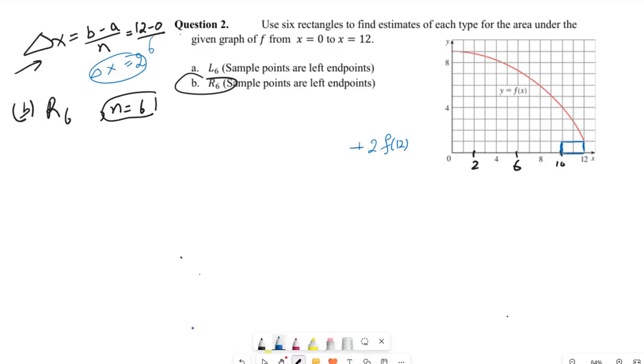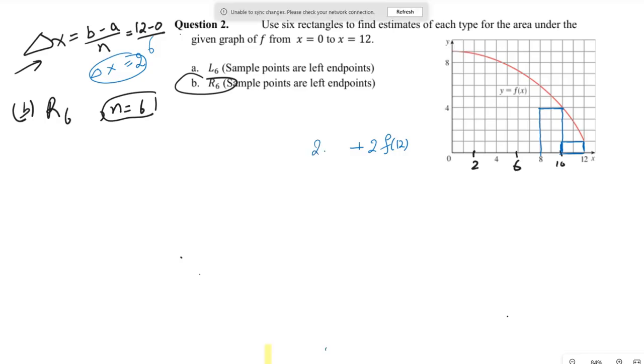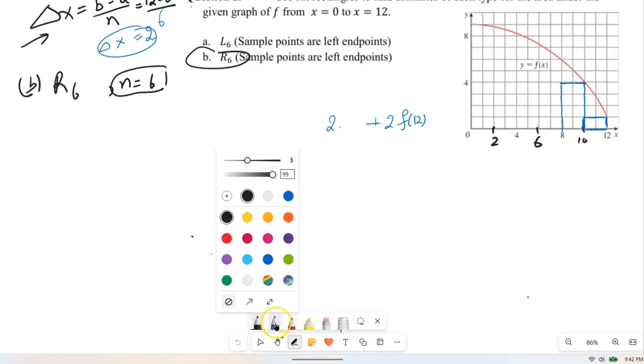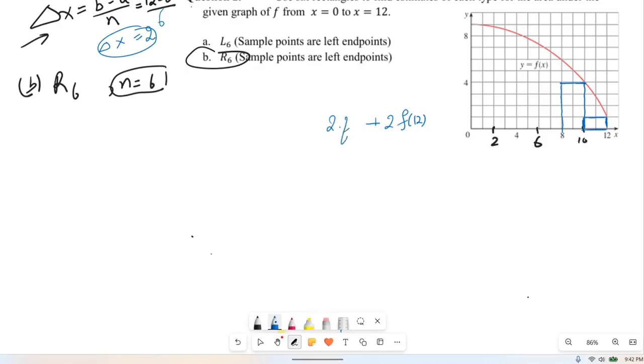next is 10. F of 10 is this point, and draw a rectangle with the width of 2. So that would be 2 times f of 10. Next is 8. Your f of 8 is this much. We draw a rectangle at that height. The area would be 2 times f of 8. Next point is 6.